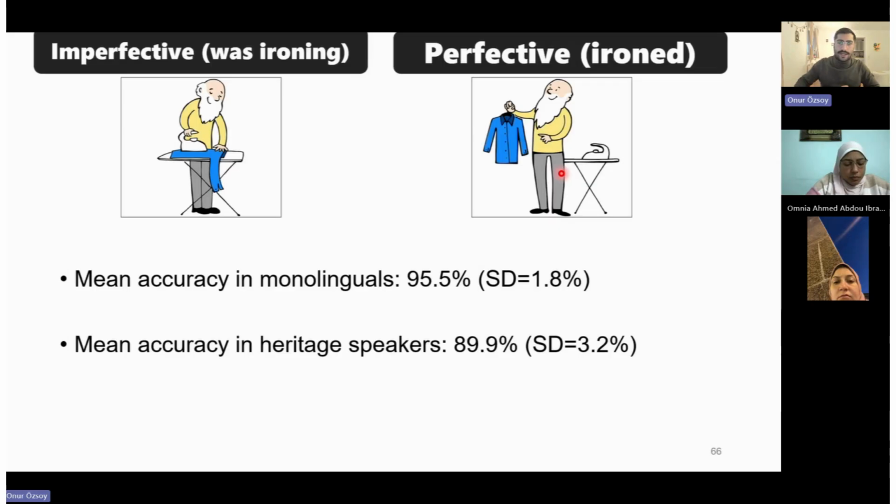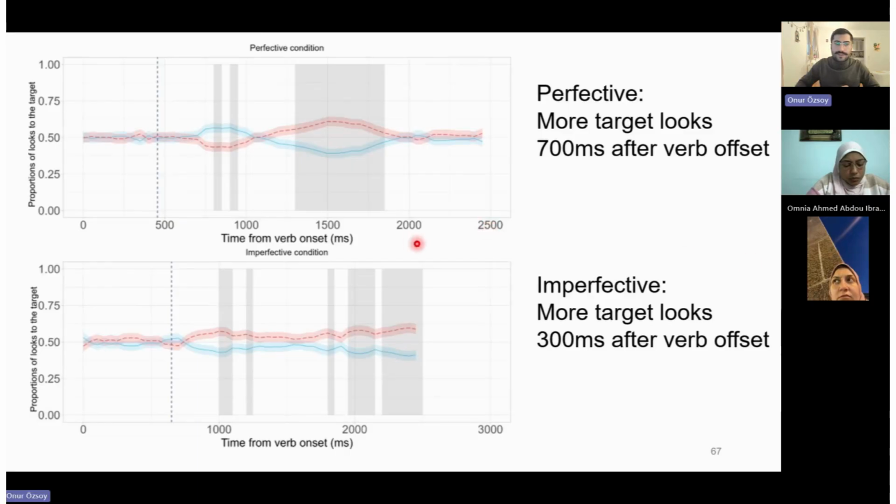In the eye tracking data, this is also what we see, but it's a bit more mixed. So again, we have our two conditions, the imperfective and the perfective. And this time we have looks to the target condition.